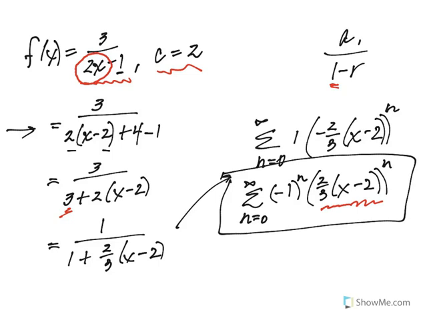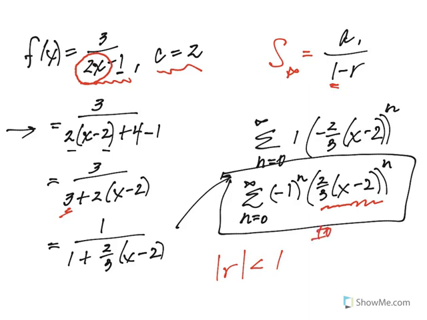Now, if I were to ask you for the interval of convergence, I have a little secret for you. For an interval of convergence, this is S sub infinity for a convergent geometric series. So remember that a geometric series, not a sequence, but a series, will converge if the absolute value of r is less than 1.